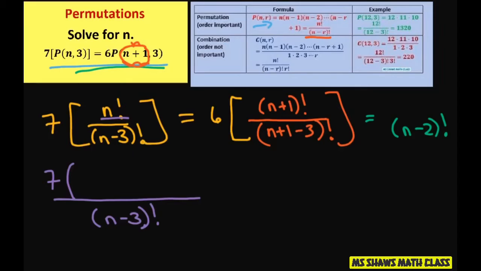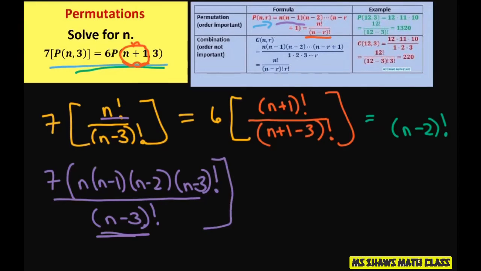So n factorial is just going to be n, using this formula, times n minus 1 times n minus 2, and we want to stop here so we can cancel them out. So when we stop there, these cancel, so that's what we have. Now on the right hand side, we have 6.